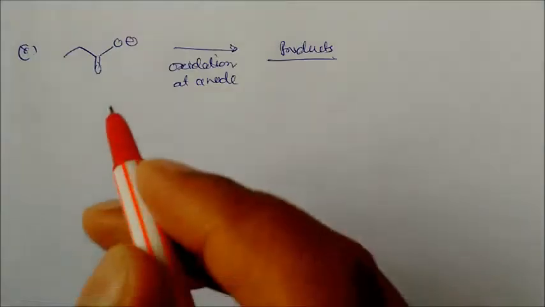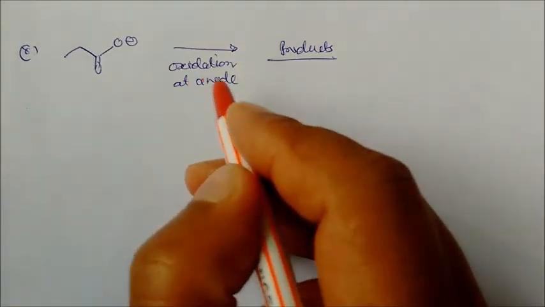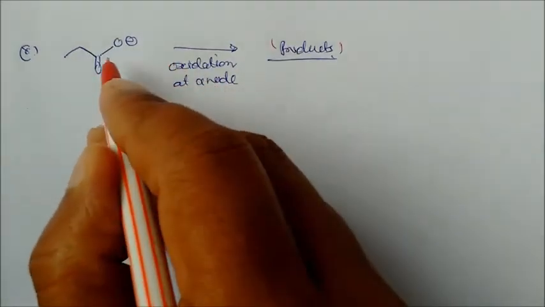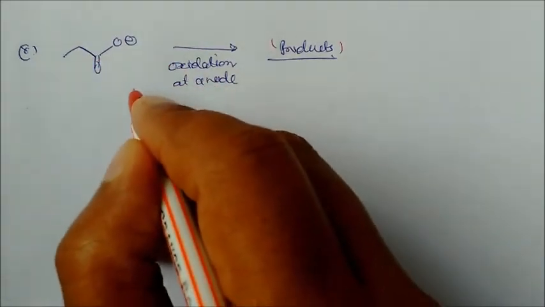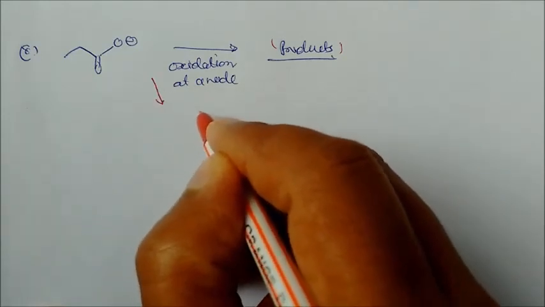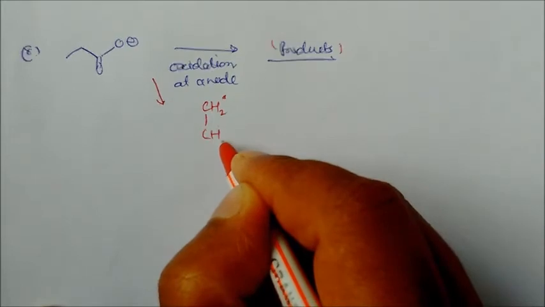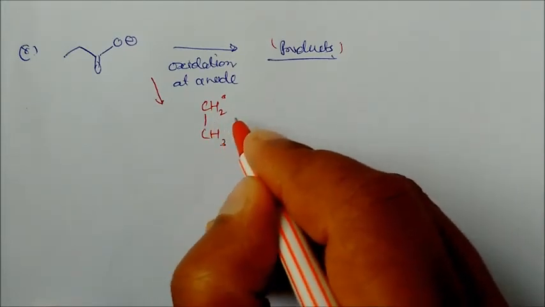So this is our reactant. Oxidation at anode takes place, then what are the products? So we have to find out. So definitely this will convert into 2 products. So one product will be your CH2 free radical, and this is your CH3. So now here we have different types of possibility.